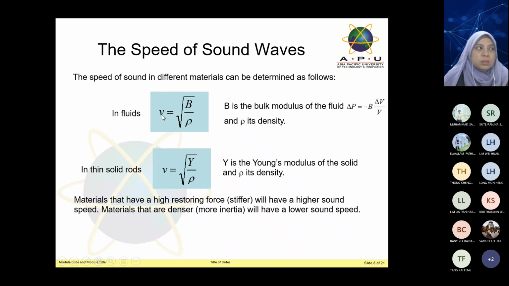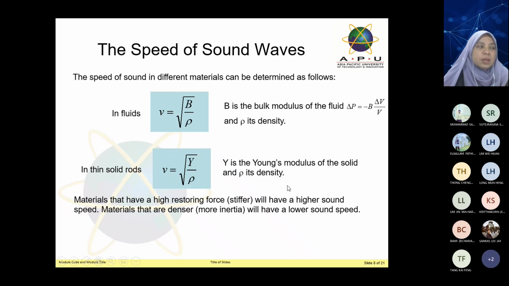So this is the velocity of the sound wave, V. And then in thin solid rods, V equals the square root of Y per rho, where Y is the Young modulus of the solid and rho is the density.